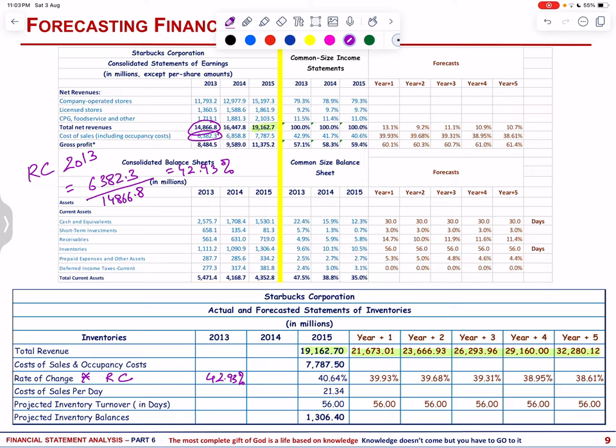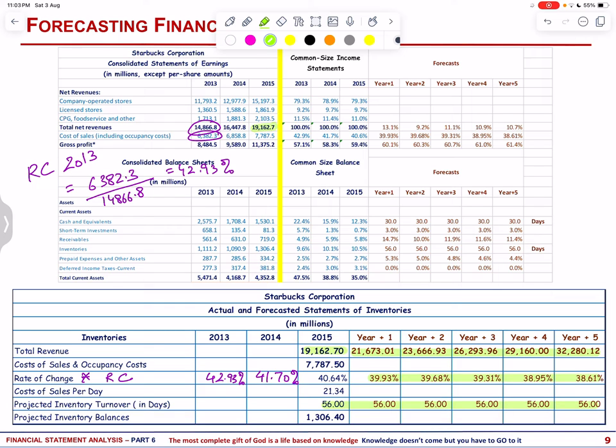For 2014 we calculate the same way, that will be 41.70%, and for 2015 it is 40.64. These rates of change are given to us, so we have simply copied them over here. And even the projected inventory turnover is assumed or is given to us as 56 days.